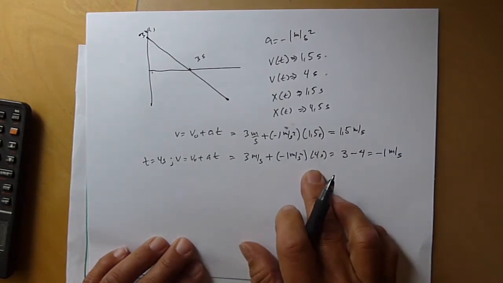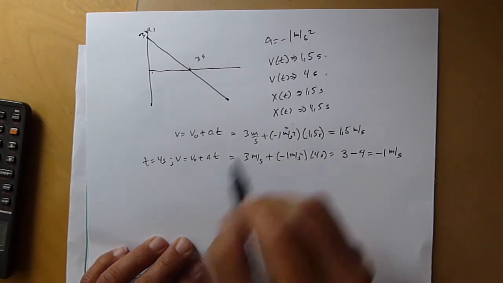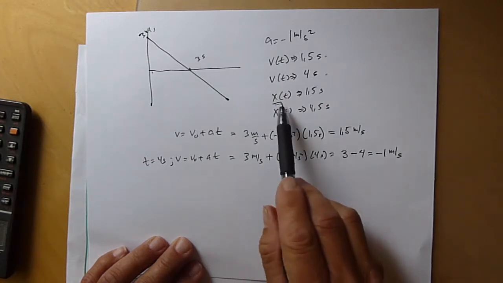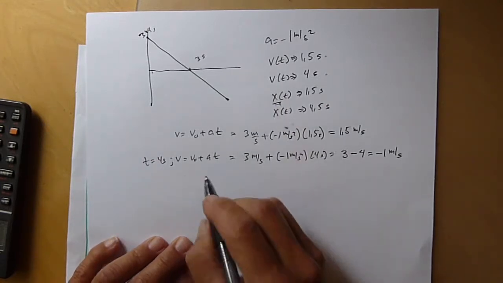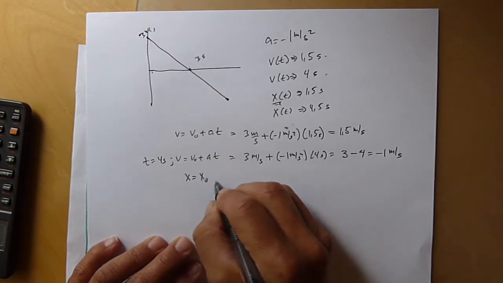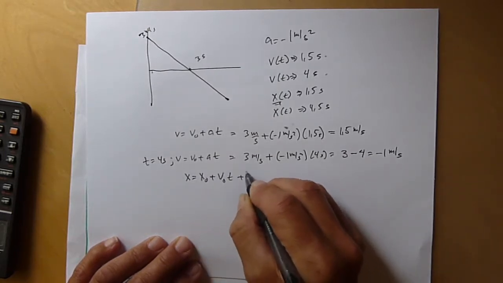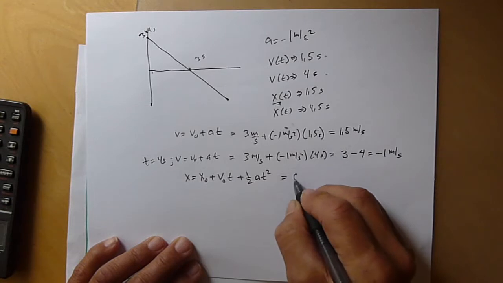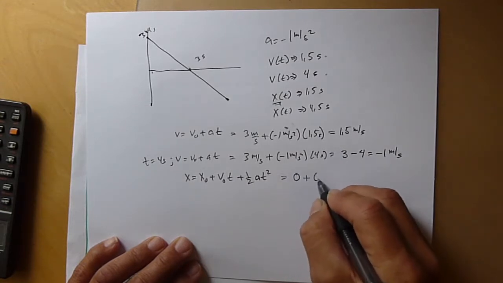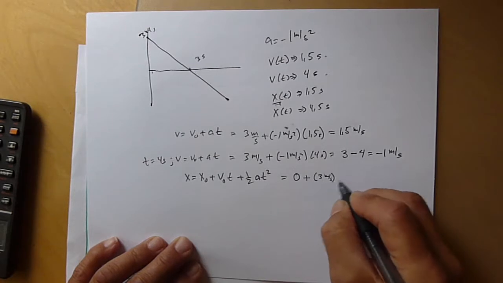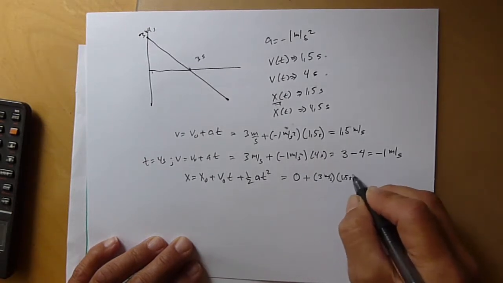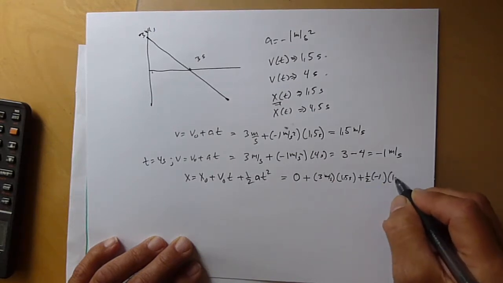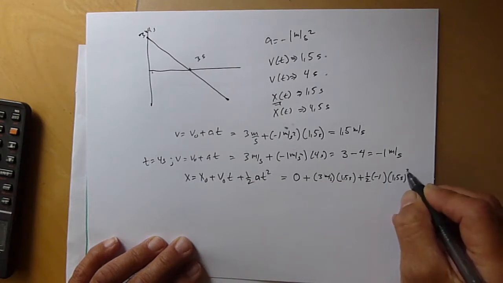I have a couple of options when it comes to figuring out what my displacement is. There's two ways of doing it. One is just to use x is equal to x0 plus v0t plus 1/2 at squared, and I'll do that for one of these. 0 plus v0, which is 3 meters per second, multiplied by 1.5 seconds, plus 1/2 times minus 1 times 1.5 seconds squared.